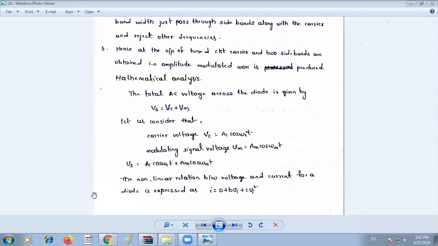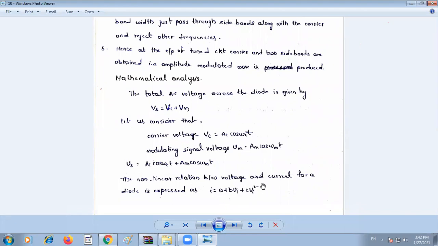Then the nonlinear relation between the voltage and current of the diode is expressed as the diode current I equal to A plus B Vi plus C Vi square plus D Vi cube.